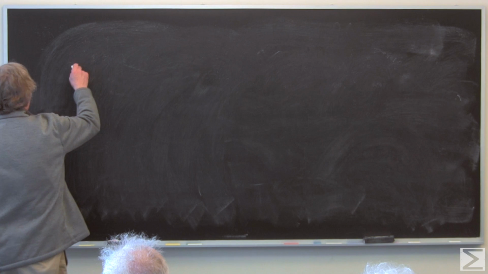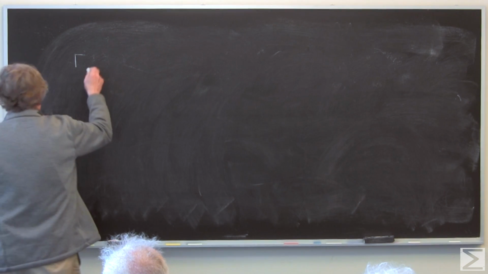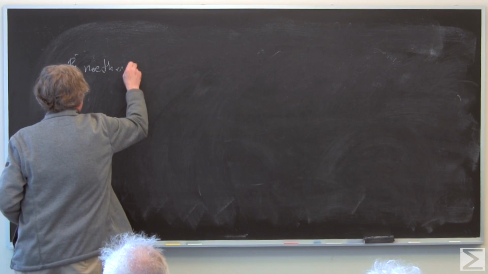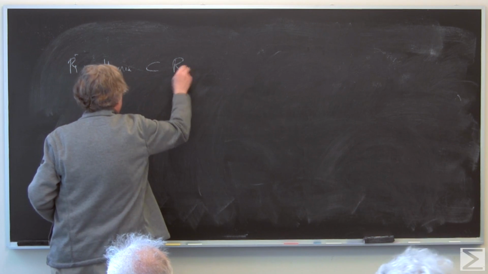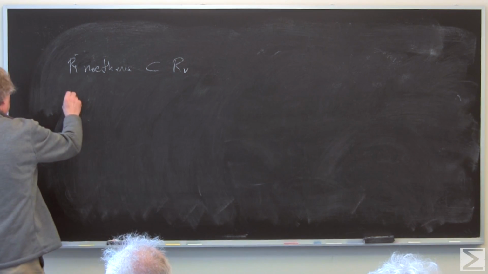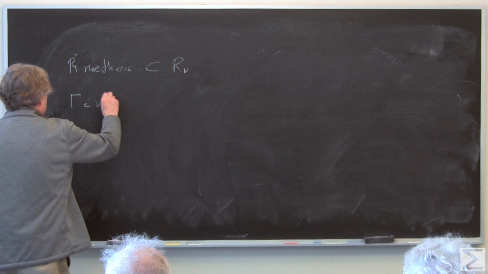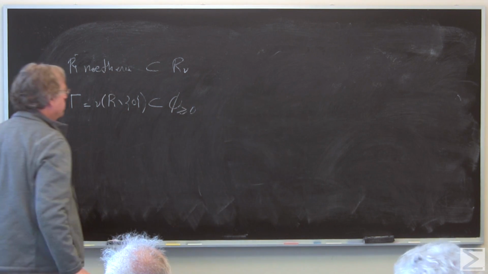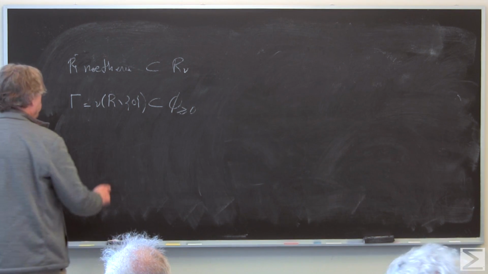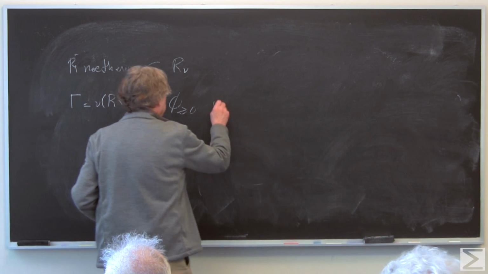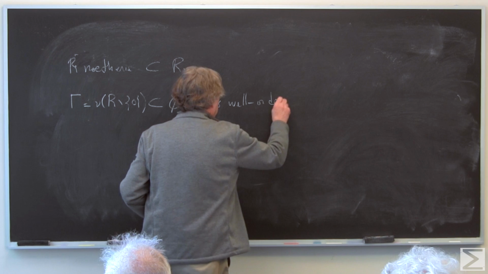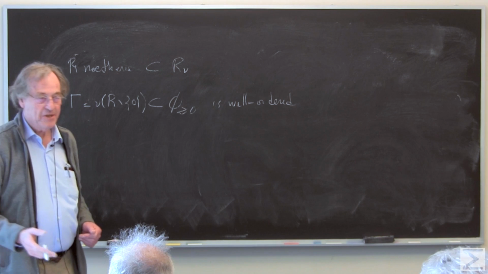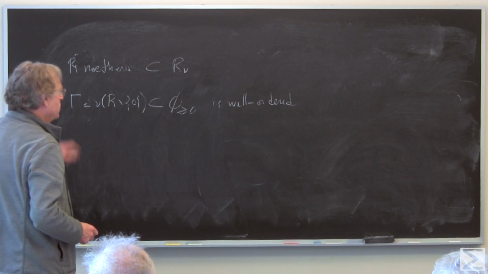Well, I told you that the semigroup, so first of all, if R is Noetherian, which it is in our case, contained in some valuation ring, then the semigroup of R, which is a sub-semigroup of the positive part of the value group, is well ordered. I showed you that in the case of Z2 Lex, if you remember what happened an hour ago, it was not well ordered. But the semigroup is.